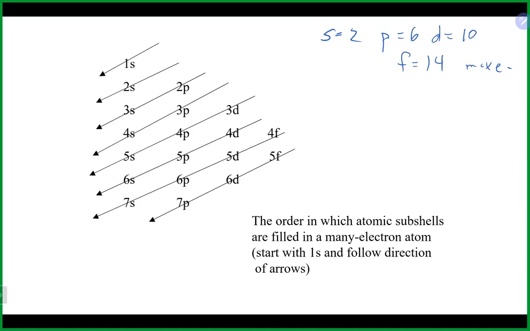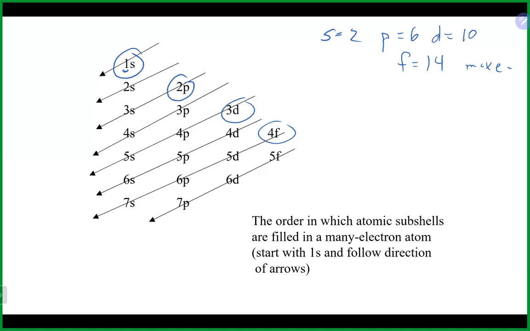The order at which they go into the atom is something that you can recreate for yourself pretty easily by remembering what we talked about, that on the first energy level, which is what this first number represents, that principal quantum number, that is where we find only s orbitals. It doesn't happen until we get to the second energy level that p's start to develop, then the third energy level that d's start to develop, and then the fourth energy level is where we first start to see our f's.